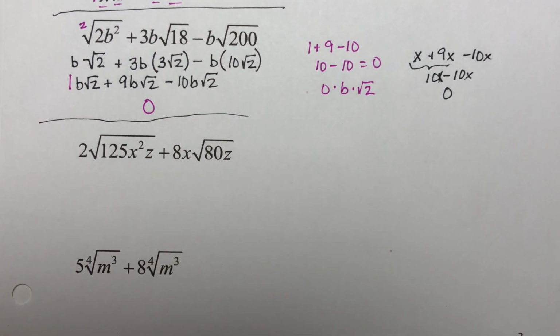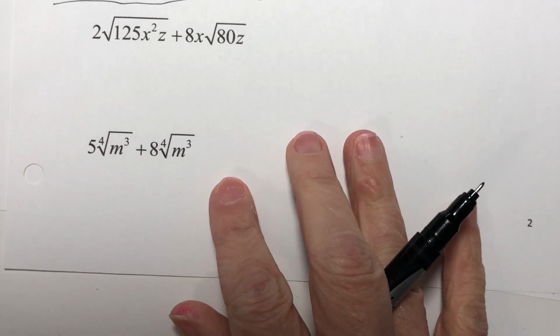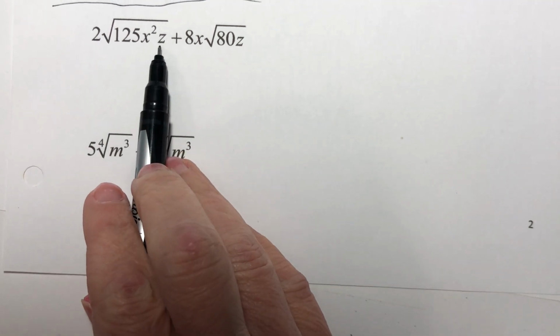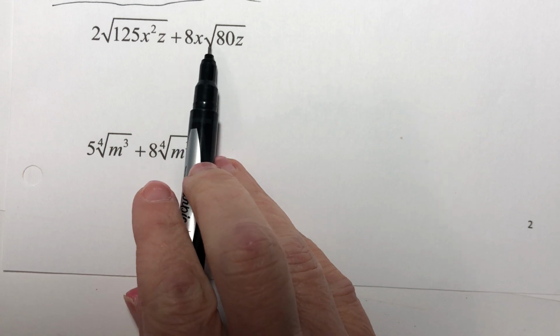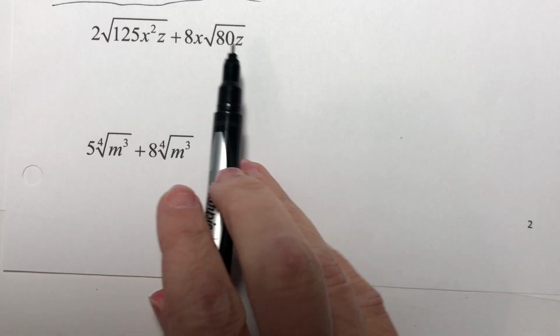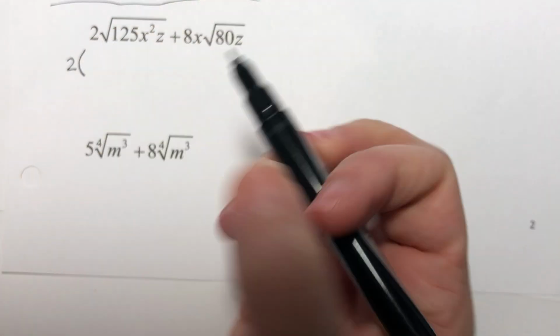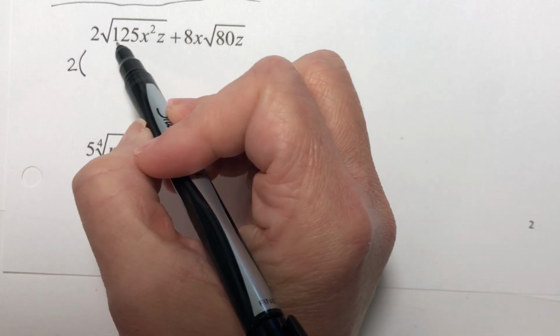Okay, so let's look at this one. 2 times the square root of 125x squared z plus 8x times the square root of 80z. All right, I have a 2 in front. Let's just move that in front. Let's deal with the number in a second.